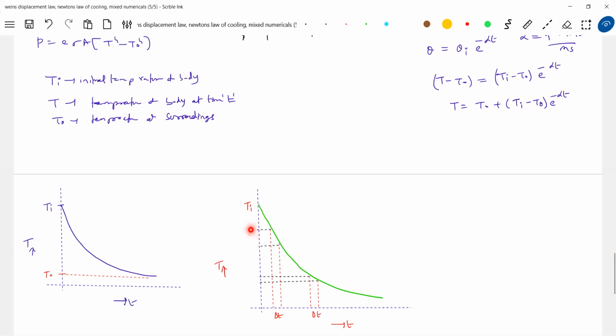Here the rate of cooling is more. This is time, this is the temperature of the body. If you take two equal intervals of time, initially the fall in temperature will be more. The difference in temperature will be more than this one.